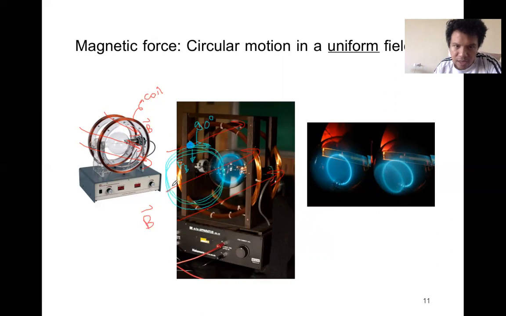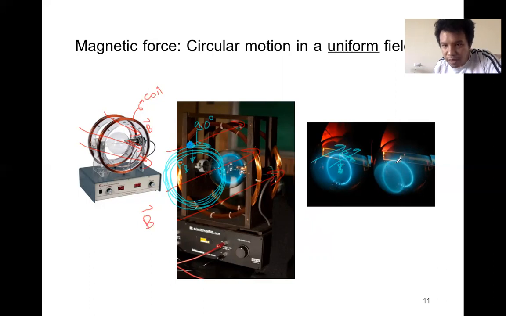It will be curving about the magnetic field and making a circular motion. But as you can see, if you eject the electron in the direction that is 90 degrees with the magnetic field, you have the force that is pointing toward the center.